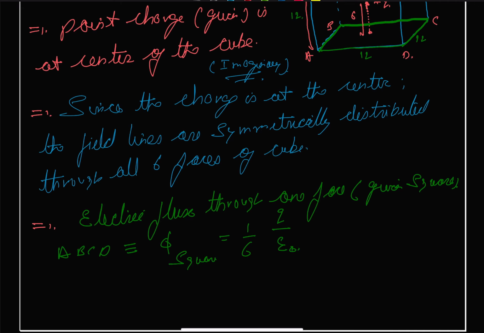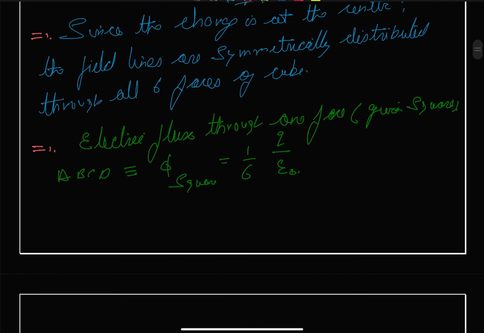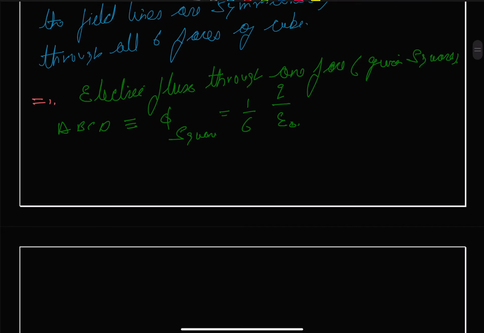Values are given to us, we simply substitute: 1 by 6, charge is 12 into 10 to the power minus 6, and epsilon naught is 8.85 into 10 to the power minus 12.